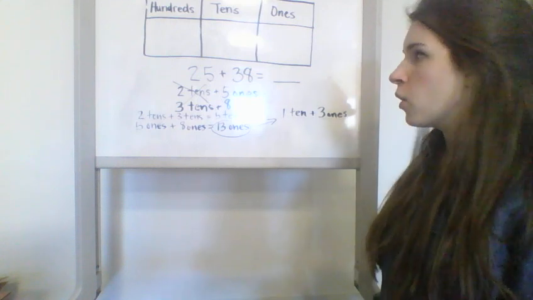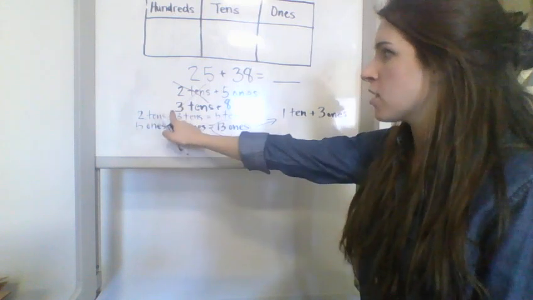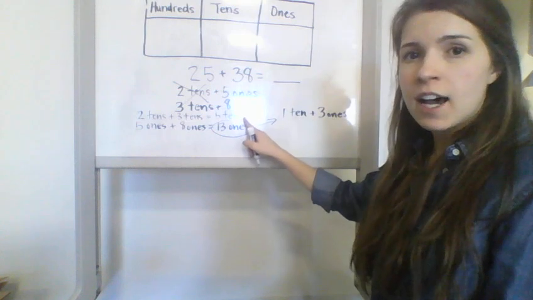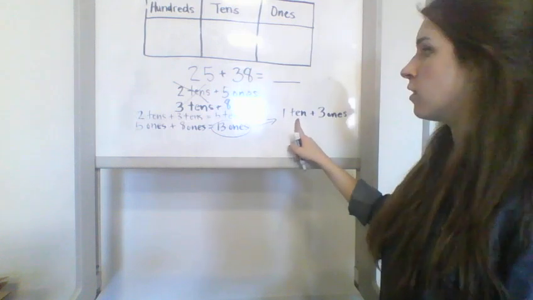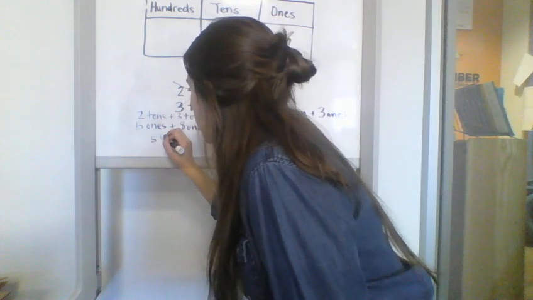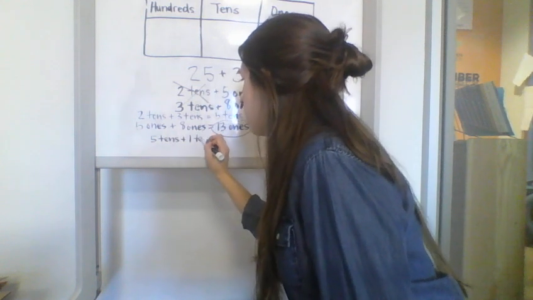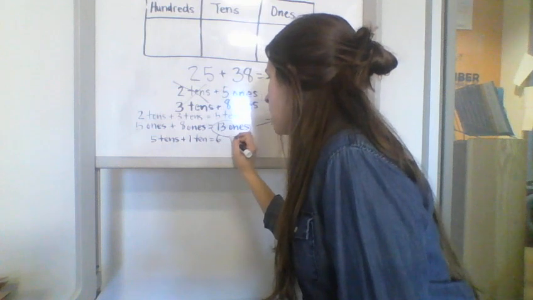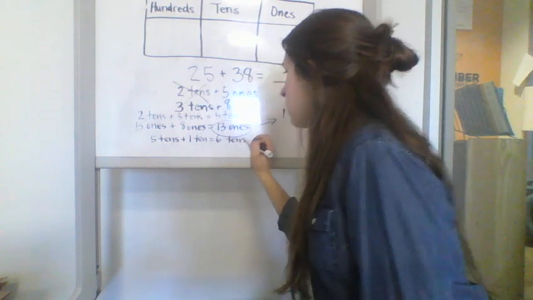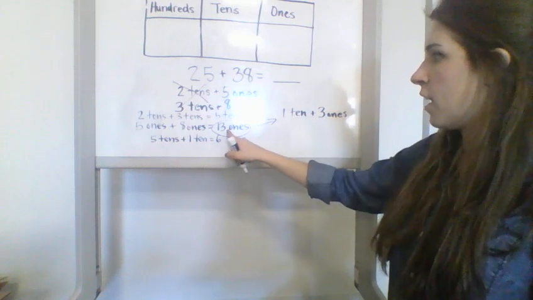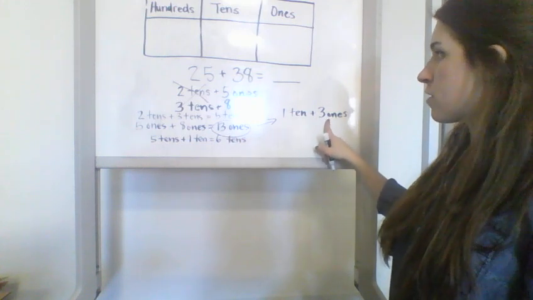So remember, go back. We had 2 tens plus 3 tens equals 5 tens. Now we have another 10 we can add. So 5 tens plus 1 10 equals 6 tens. So now we've taken care of all the tens. So now we have 3 ones.